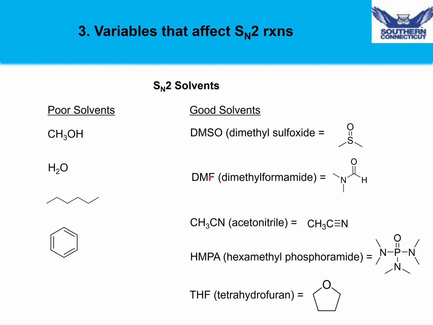The solvents on the right side of the slide here are all considered fairly good SN2 solvents. So we have DMSO, DMF, acetonitrile, HMPA, and THF. All of these are aprotic and they're also polar, so they're great for the SN2 reaction.